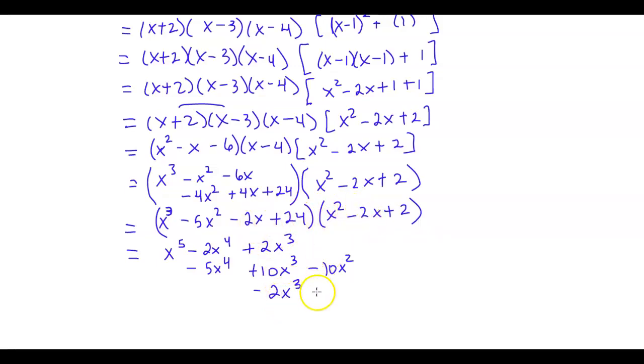Negative 2x times negative 2x is positive 4x squared. And negative 2x times a positive 2 is going to be a minus 4x here. Pen starting to drag a bit.